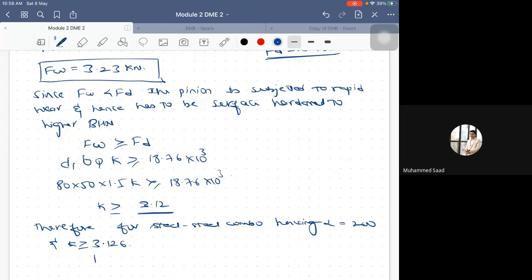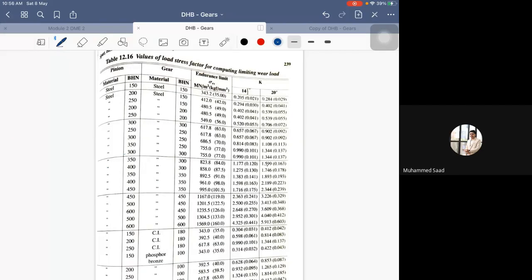Give me the value of BHN of pinion and the BHN of gear. Okay, you have to go in reverse now. Where is that data handbook?